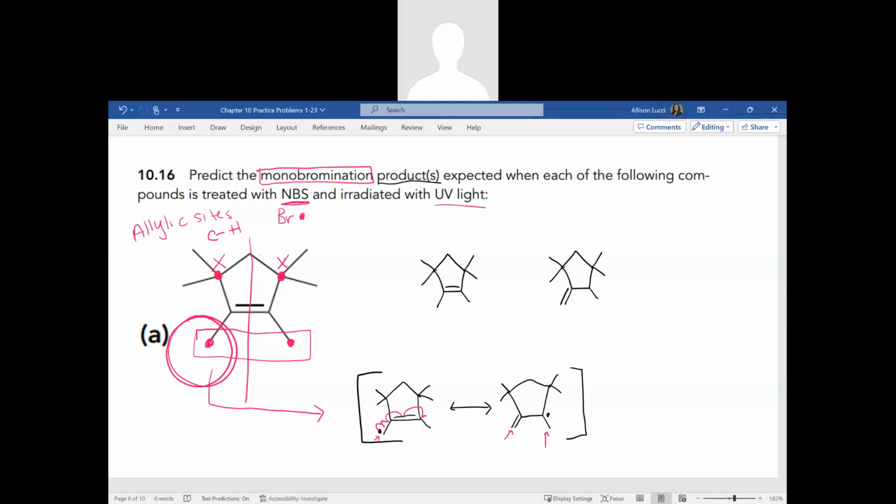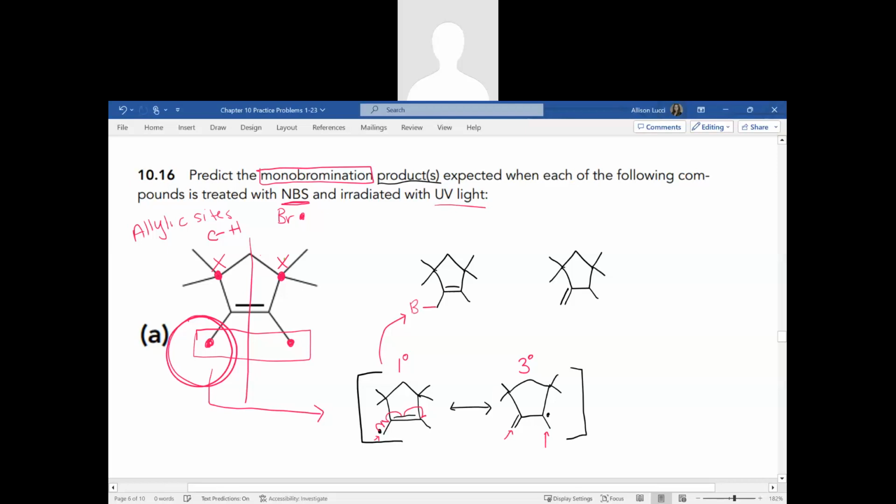So first we had a primary radical. Over here we would have a tertiary radical after resonance, after movement. So now we have these two sites to brominate. Again, let's look at what would happen with the primary. Let's draw the bromine down here.